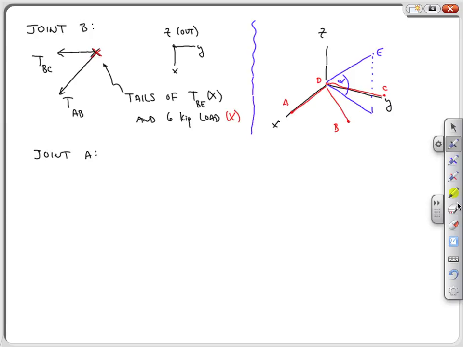Let's look at this first from the positive x space, looking straight down at the YZ plane. Furthermore, since we've just shown that TAB is a zero-force member, we'll not include that member in the sketch.